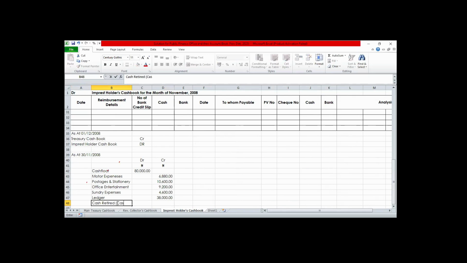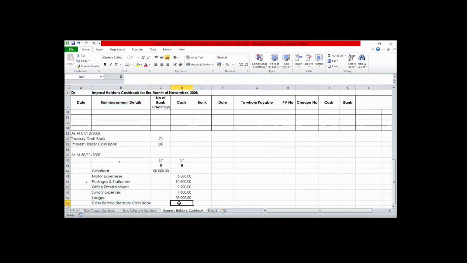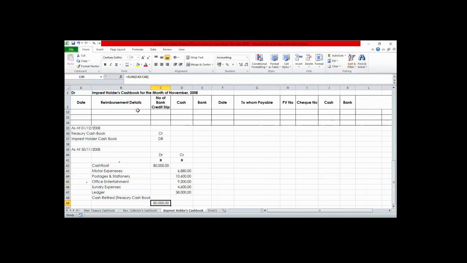That's the cash book. Now, if we look at the balance we have here, 80,000. Is that not so? Close it. Then here, supposed to be 80,000 too.